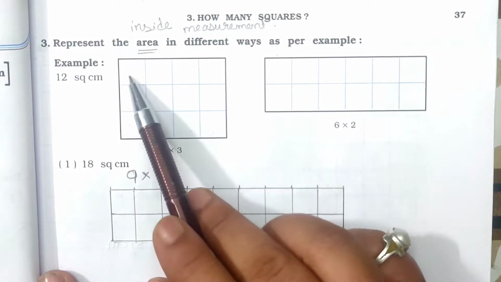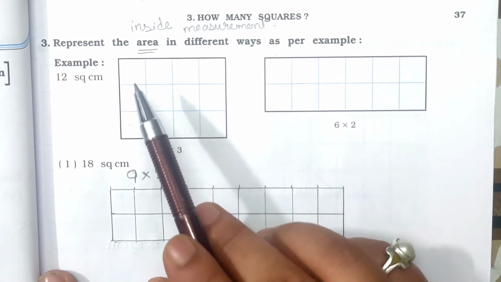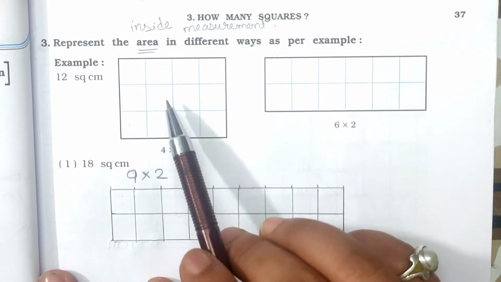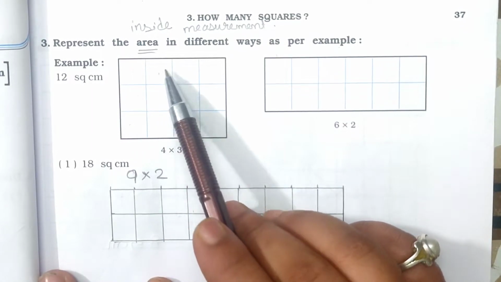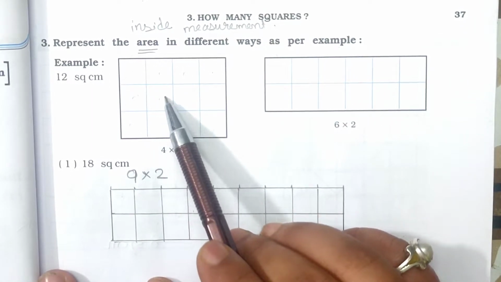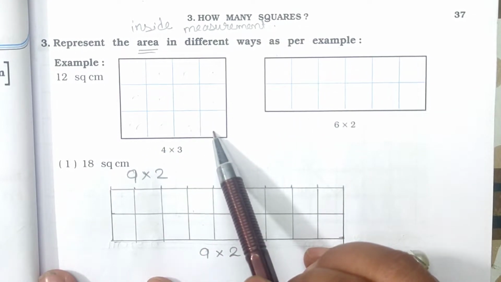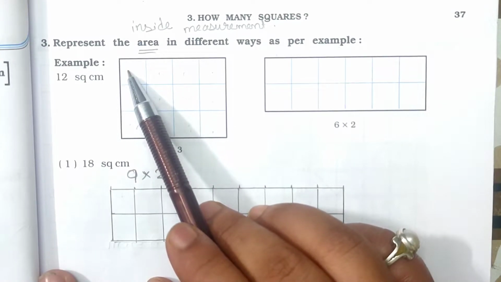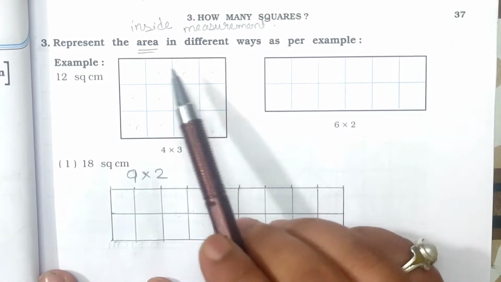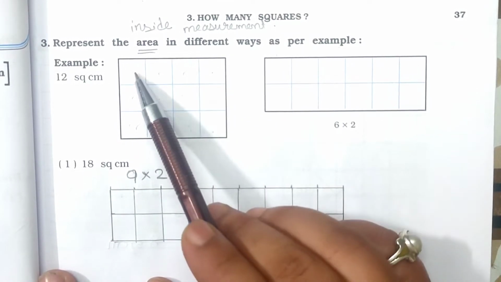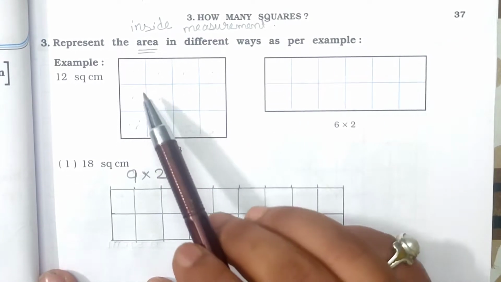Okay, so this one square is 1 centimeter. So 1 2 3 4 5 6 7 8 9 10 11 and 12. See, in this line 4 squares are there, and in the vertical line 3 squares are there.